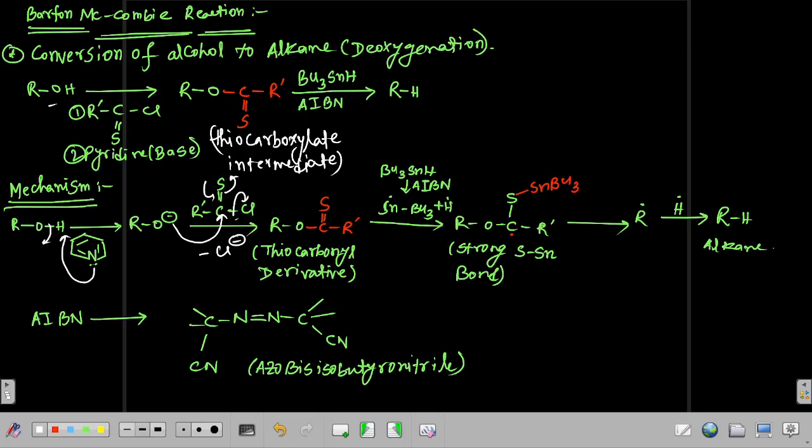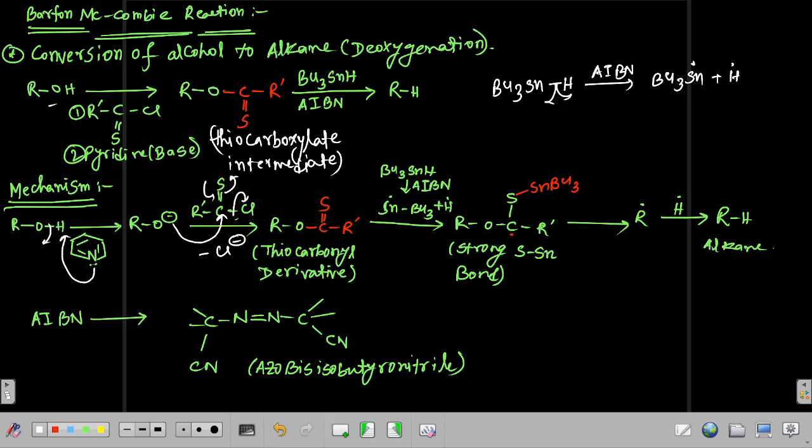Next, we are using tributyl tin hydride. This tributyl tin hydride, in presence of AIBN, this bond will break and it will form these two radicals.